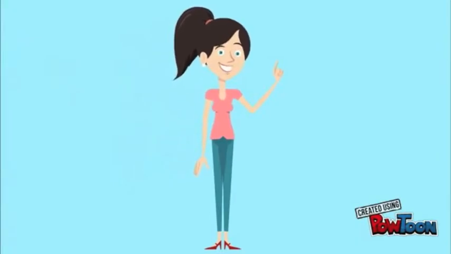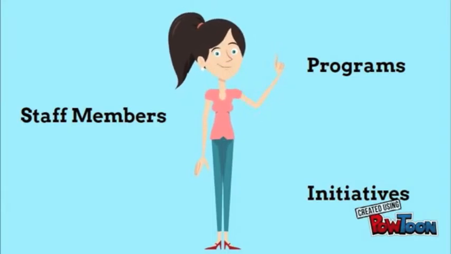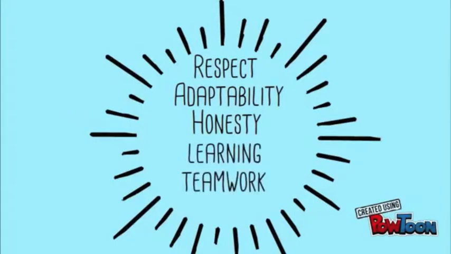While each individual teacher takes a different approach to differentiation in their classroom, the school offers many programs, staff members, and initiatives to create an inclusive and equitable environment for their students. The school's 5 core values, respect, adaptability, honesty, learning, and teamwork, also reflect the ideals of a differentiated classroom that is inclusive of all students.